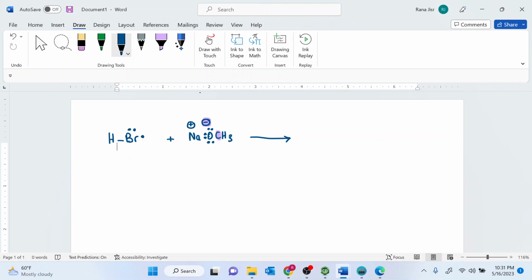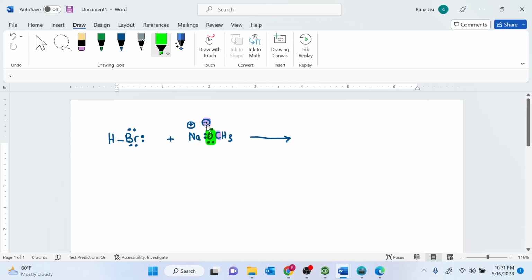Okay, so let's look at this reaction and write the product. The first thing is to draw the lone pairs. The second is to locate your base. Bases are neutral or they have a negative charge. But the moment you see a negative charge, this is going to be your base. So you locate the negative charge.